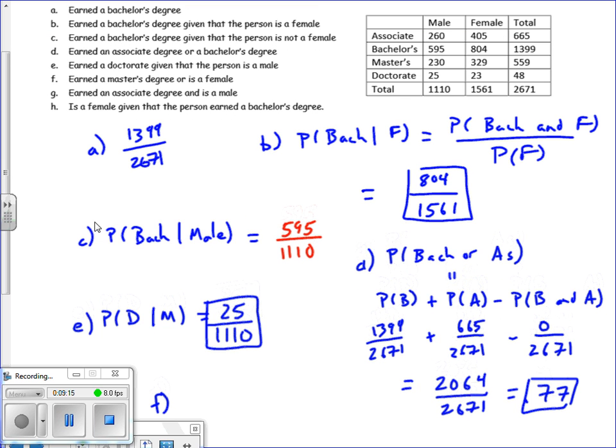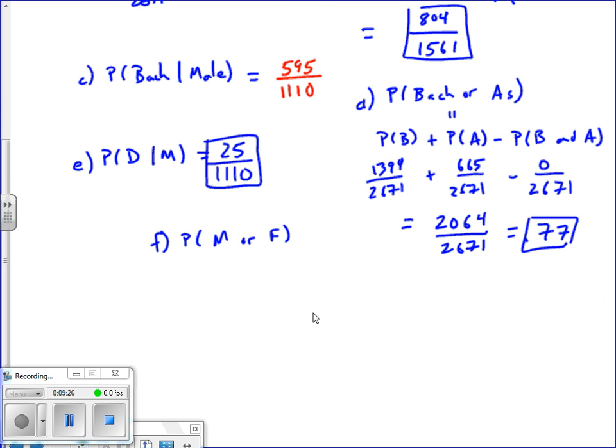So again, the probability masters or female, and so that'll be the probability of masters plus the probability of female. Because there's a group now we're going to see an overlap. We need to take that overlap out. Oh, excuse me. Put the wrong symbol in there.